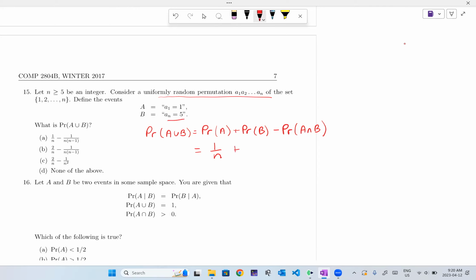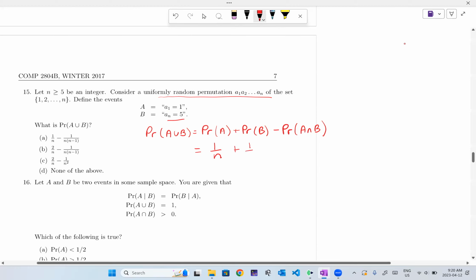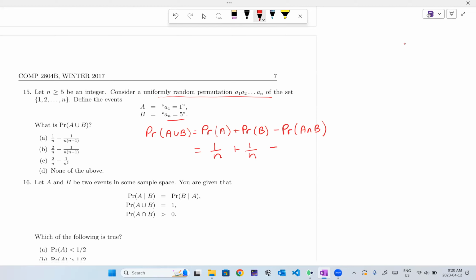Probability of B, I've done the same thing. This also has probability 1 over n. The probability of both of them happening is a little more complex. The size of my sample space is n factorial. I choose to put 1 here and 5 here. I have one way to do that.